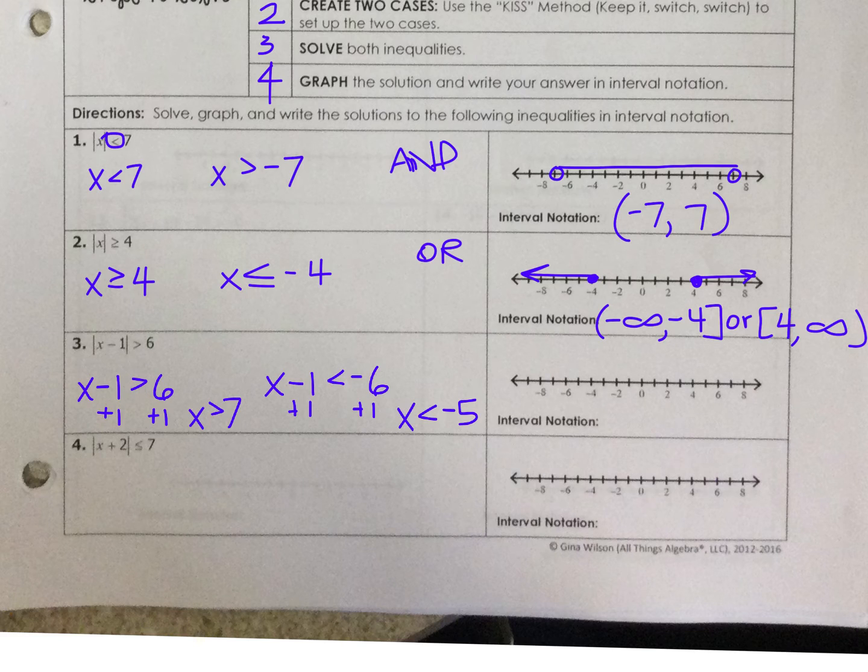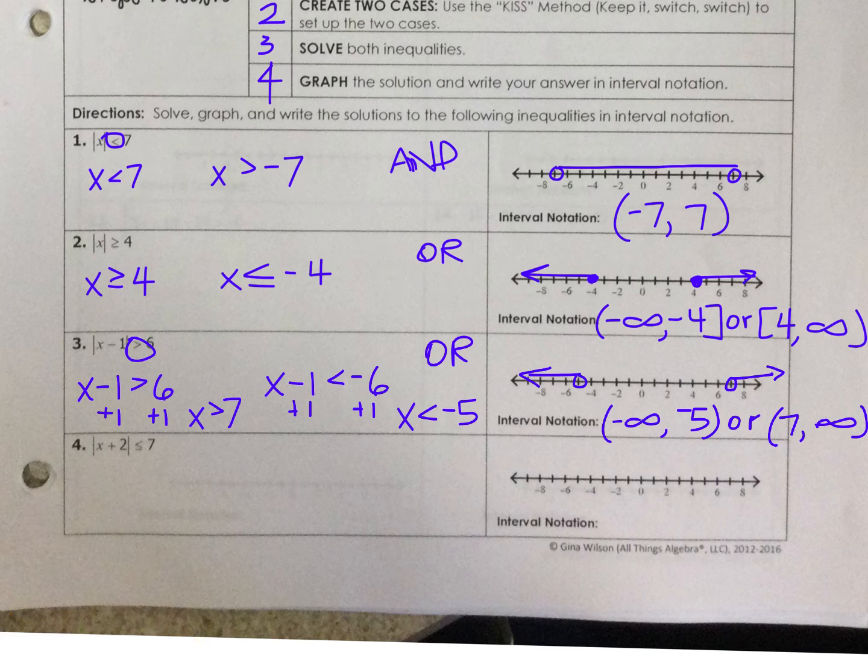And I know from when I look up top that this is going to end up being an or. So open circle on the 7, going that way. Open circle on the -5, going that way. Interval notation is negative infinity to -5, or parenthesis 7, infinity, parenthesis.